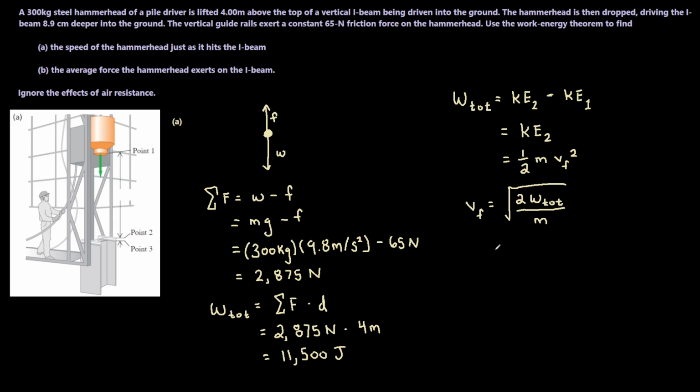So our final velocity equals the square root of 2 times our 11,500 joules, all divided by the mass of the hammerhead, which is 300 kilograms.